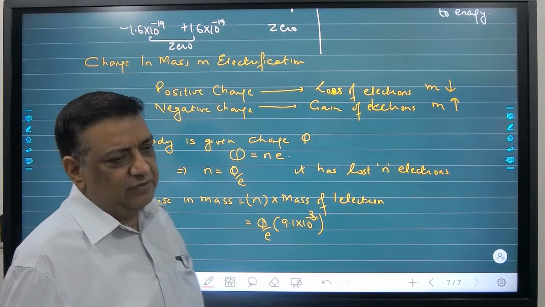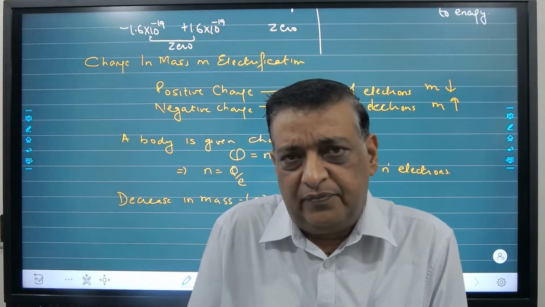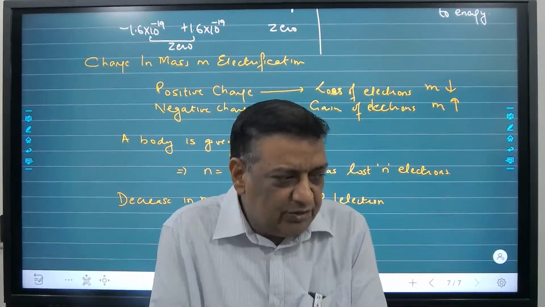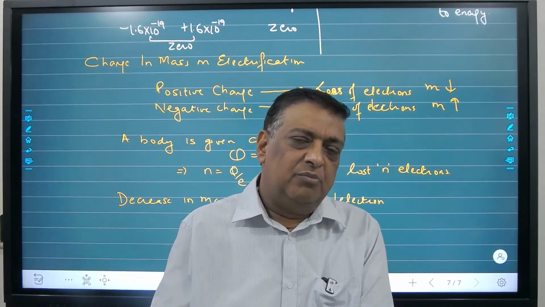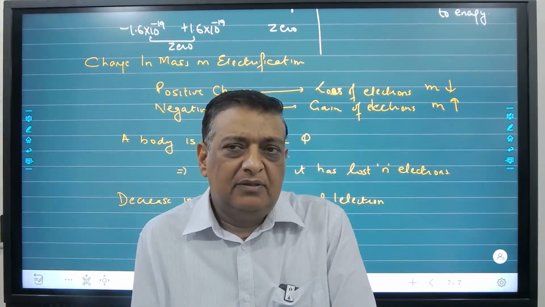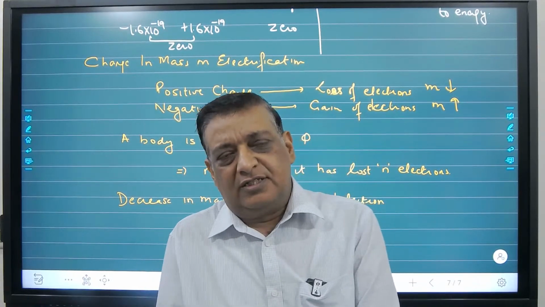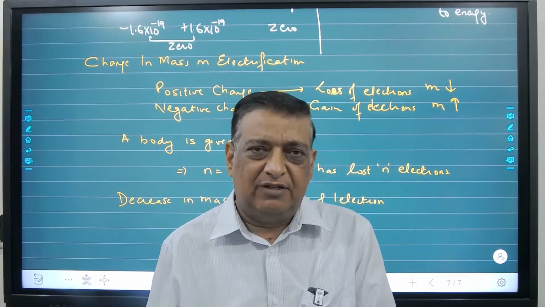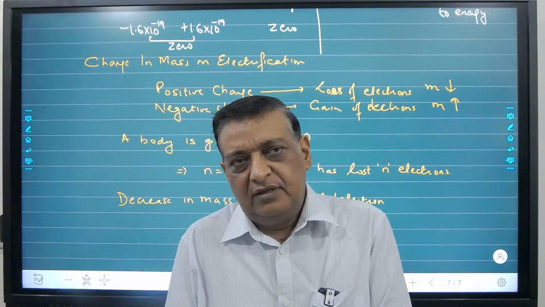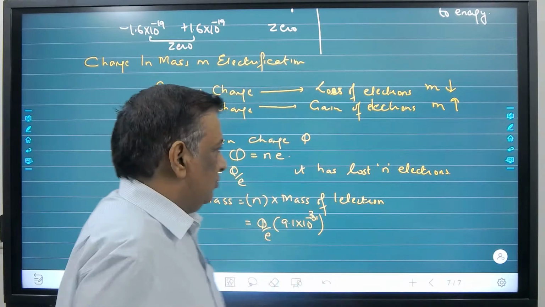Another property, which you will be using in a number of numericals, is called additive nature of charge. Additive nature of charge means if you have a number of bodies or particles in a system, the total charge on the system is the sum of all the charges. You just simply add positive with positive, negative with negative. Scalar addition, it's not a vector quantity.